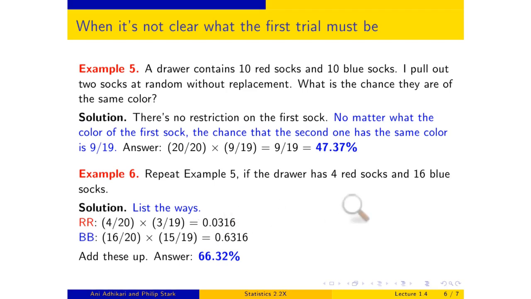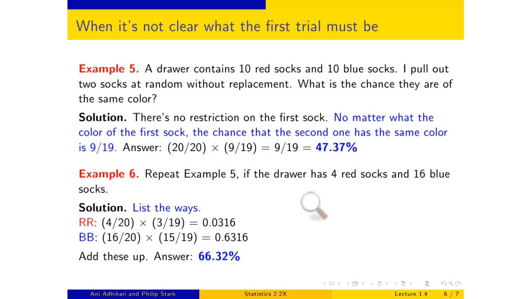So here is a situation where what does the first trial have to be did not have a sharp answer. And we found that we weren't able to deal with the second card. And so the answer wasn't simply a product of fractions.